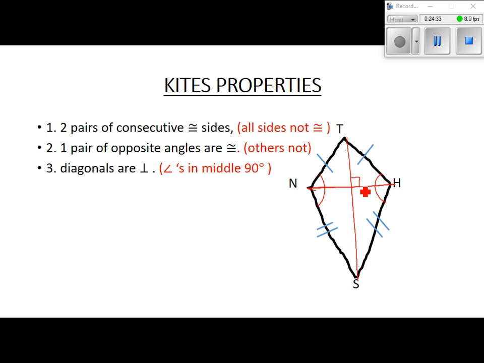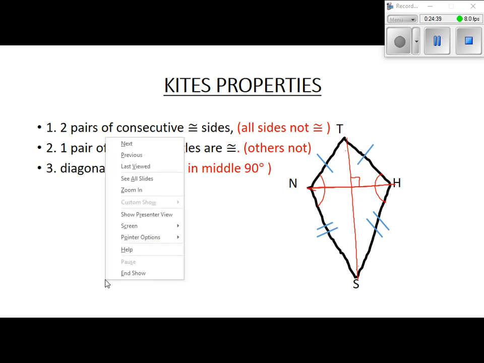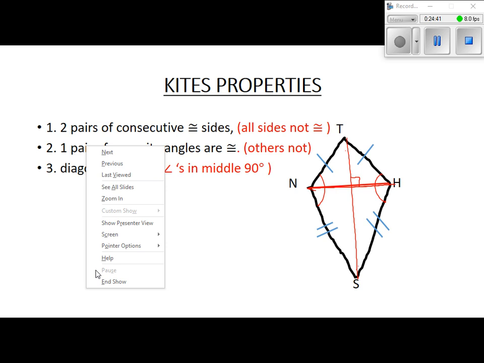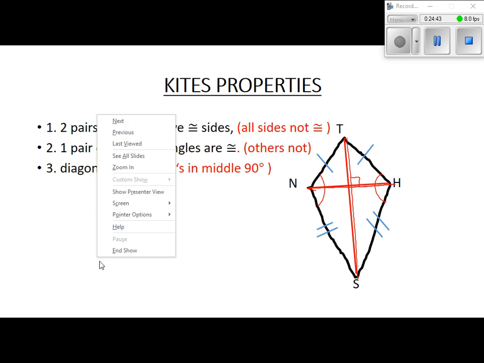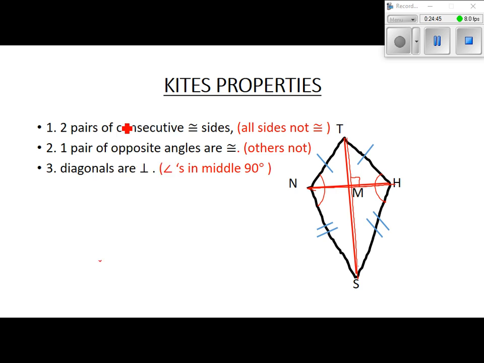So all four of those middle angles there are 90 degrees. So M right there, where M is, those are right angles. Should have my symbols on here.